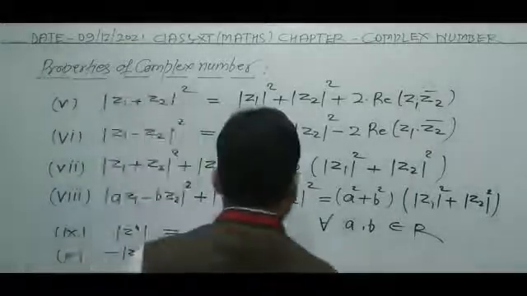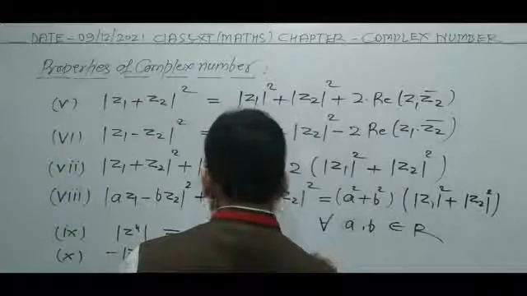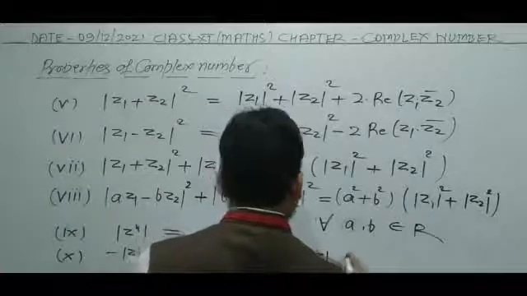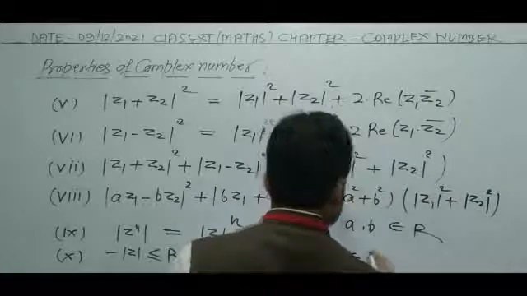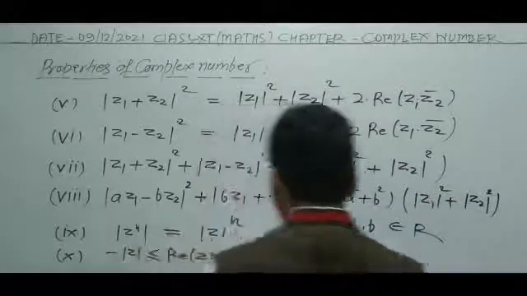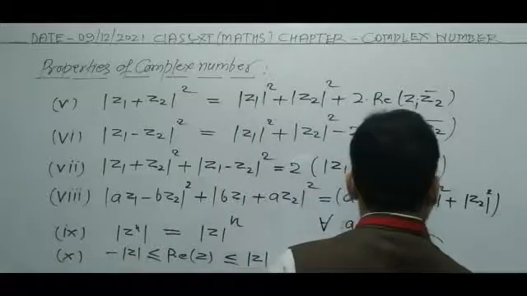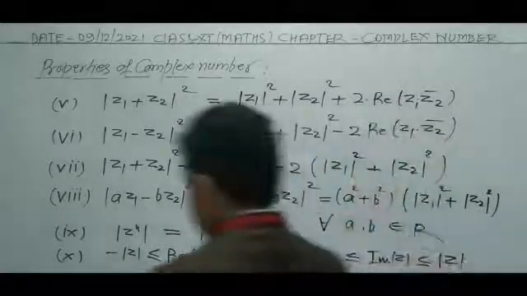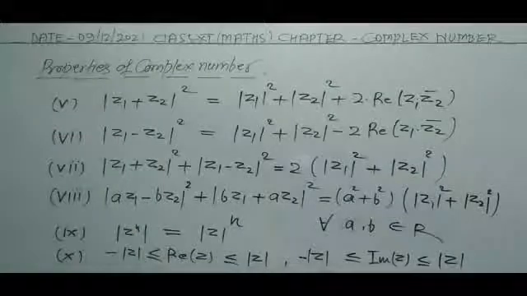Similarly, minus mod of z is less than or equal to imaginary part of z, which is less than or equal to mod of z. So this is completed.